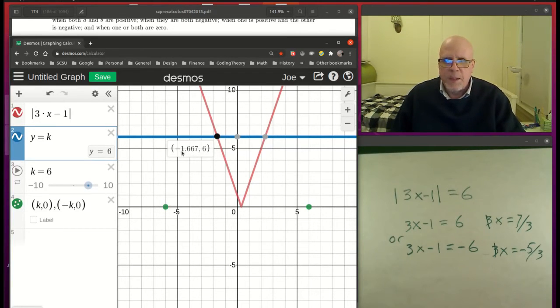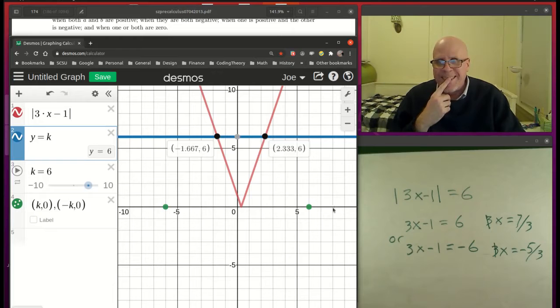It's really negative 1.6 repeating forever. And what's the other solution? 7/3. 2 is 6/3, right? So 7/3 is 1/3 more than 2, 2.3 repeating forever. And you see how the y-coordinates of those points are both 6. So indeed, we did the right sort of thing algebraically.